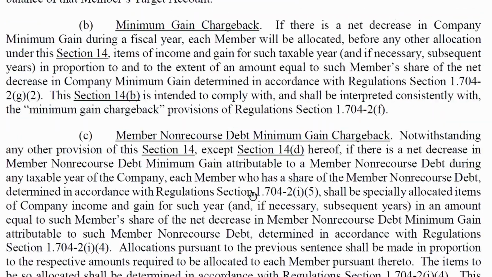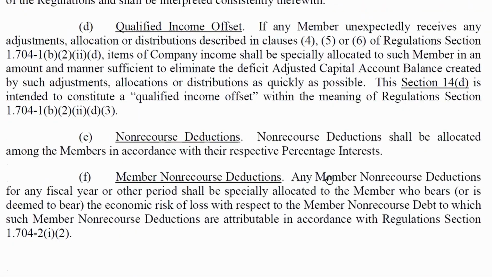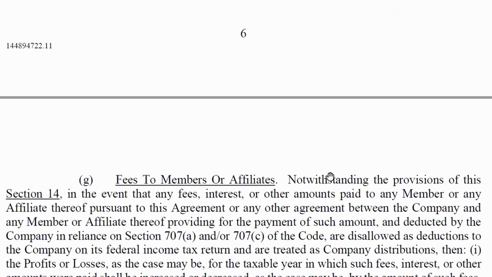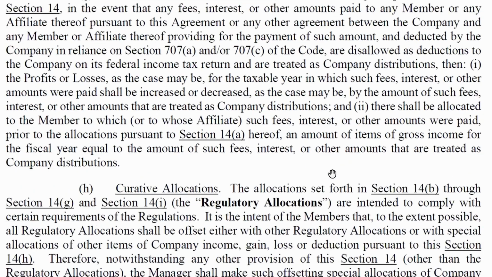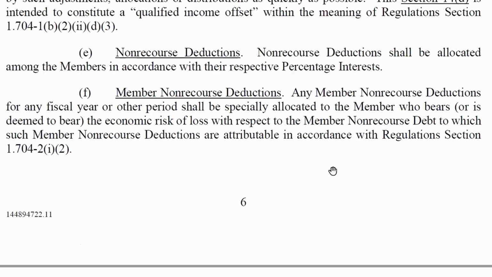Yep. Okay, so let's talk about minimum gain chargeback, non-recourse liability, qualified income offset, non-recourse deductions, member non-recourse deductions, and curative allocations. We'll come back to that.